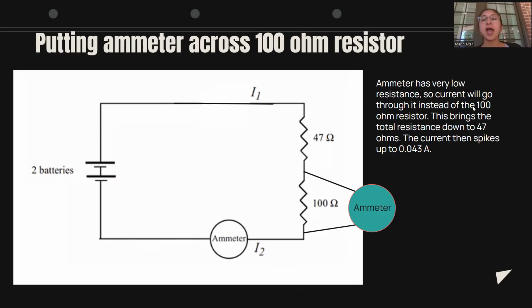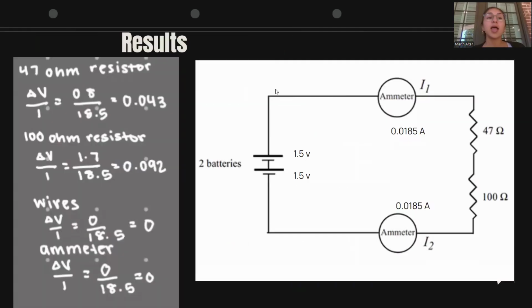And so now we put an ammeter across the 100 ohm resistor, as seen here. So they're in parallel. And since the ammeter has very low resistance, the current will go through the ammeter instead of the 100 ohm resistor. So that brings the total resistance down to 47 ohms. And so the current through the ammeter spikes to 0.043 amps. And so the results of this show that through the 47 ohm resistor, we have 43 ohms.